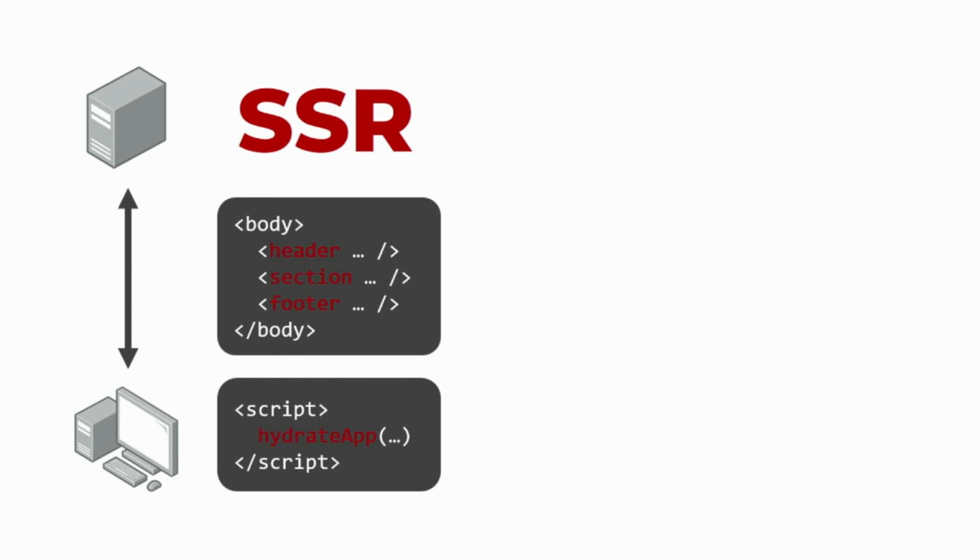A hydration script roughly attaches event handlers to already existing HTML elements so that your page becomes a bit more dynamic in nature. But they're rather small in size. You're not shipping your whole dependency tree with 500 dependencies from that package JSON you have.